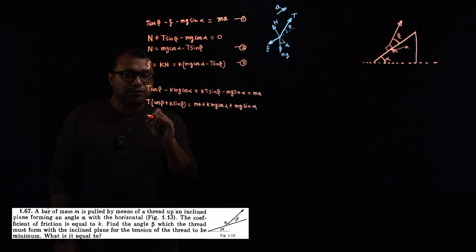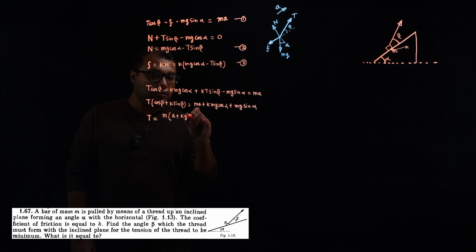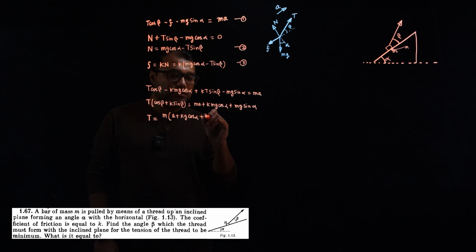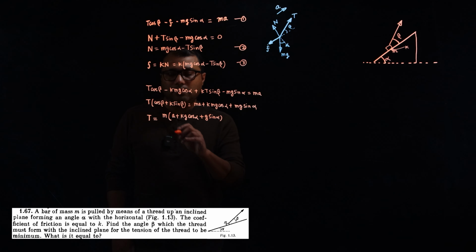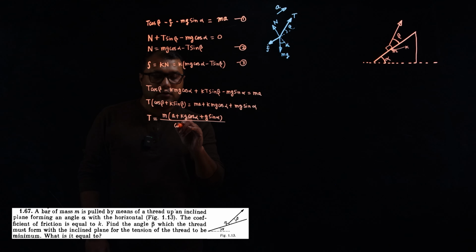So we get tension as, taking m common, T equals m times (a plus kg cos alpha plus g sine alpha) divided by (cos beta plus k sine beta).